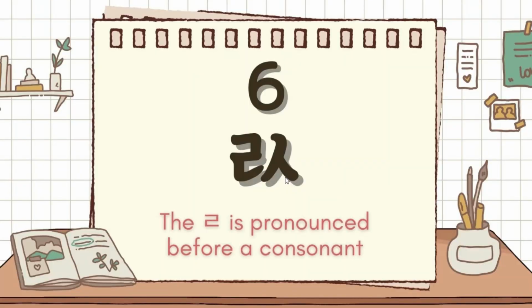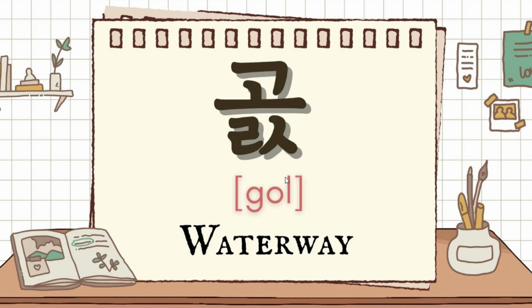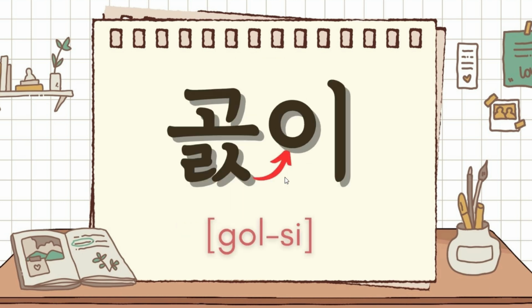Here, the 리을 is pronounced before a consonant. When we have consonants, only the 리을 is pronounced. Look, 곬. But when you have a vowel, 곬이. See, all of them are the same. It's not that difficult. You just have to follow the rules, okay? Don't worry at all.